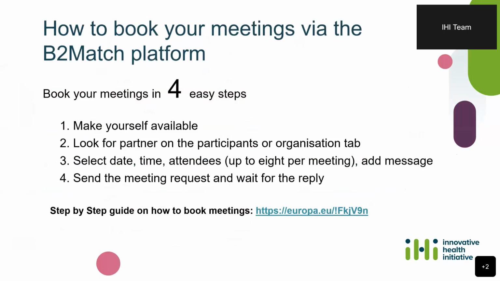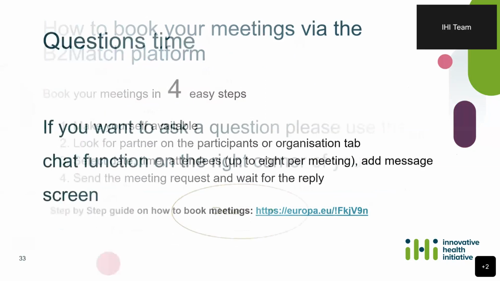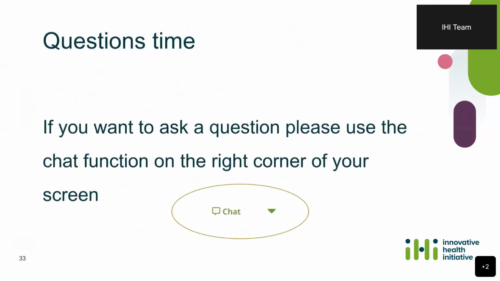You can select up to 8 per meeting, and add a message. And then you can send a meeting request and wait for the reply. If you need more assistance and a step-by-step guide, you can also click on this link, and you can find all the information. So we now open the floor for Q&A.